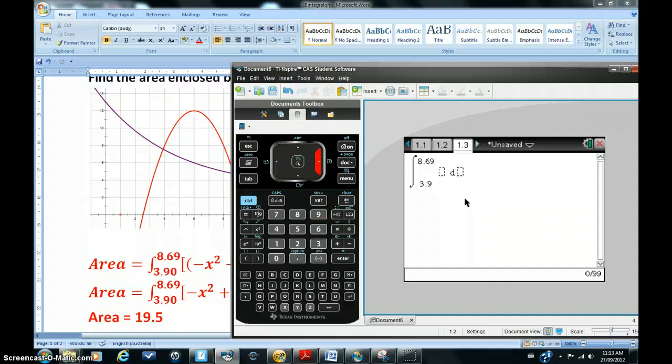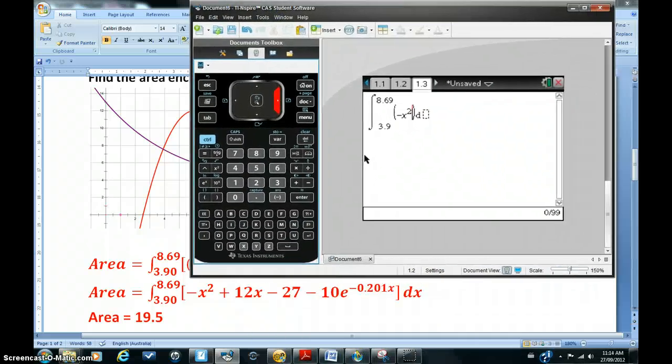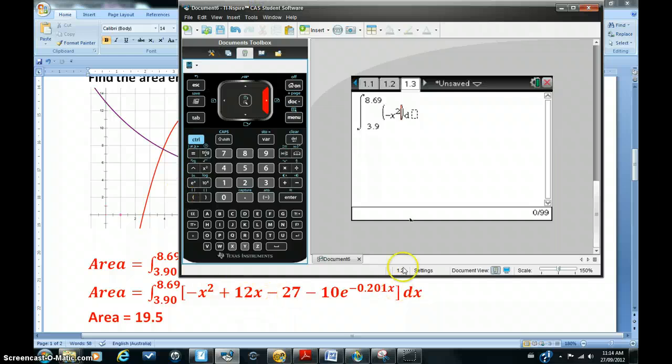Okay, now I have to copy minus x squared plus 12x minus 27, I can just see it now down here, minus x squared plus 12x minus 27.